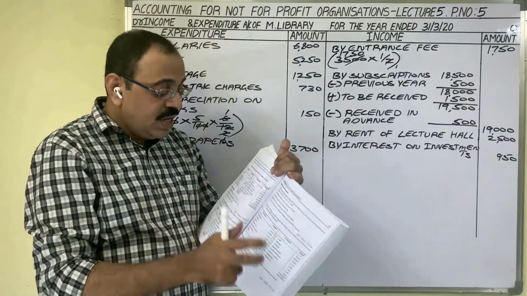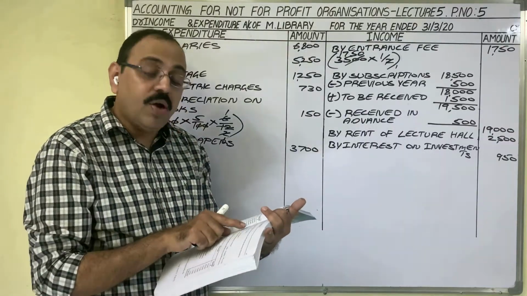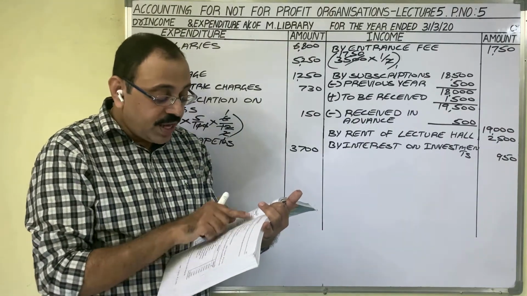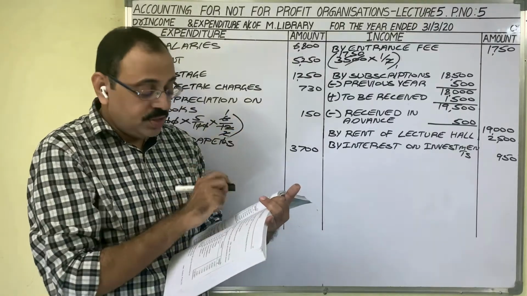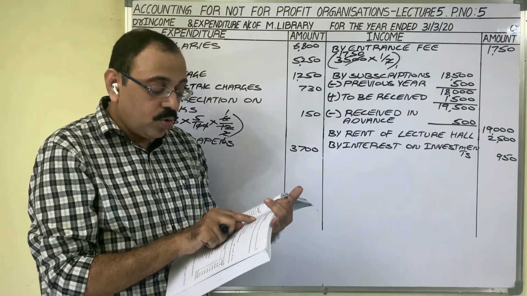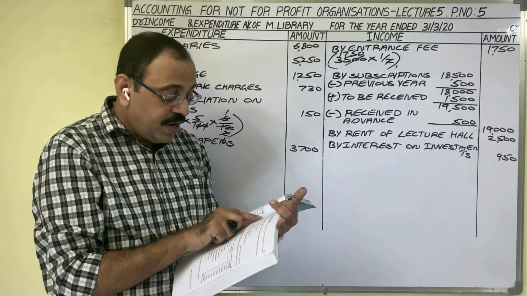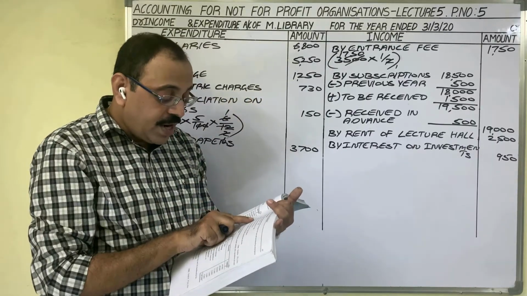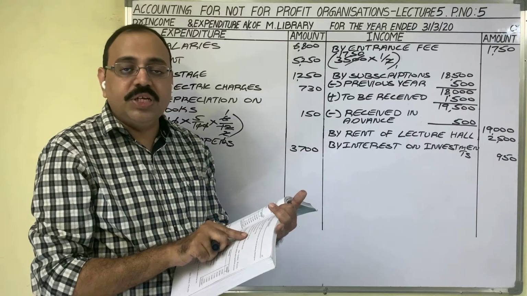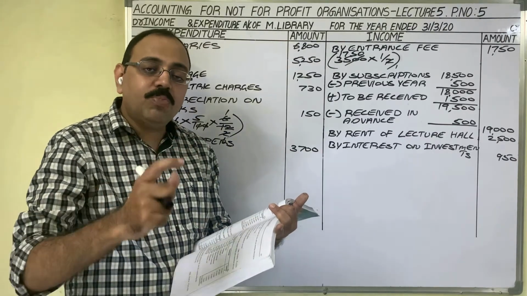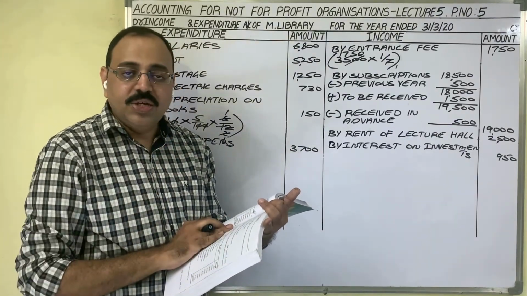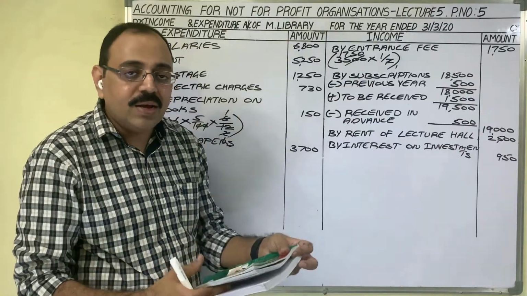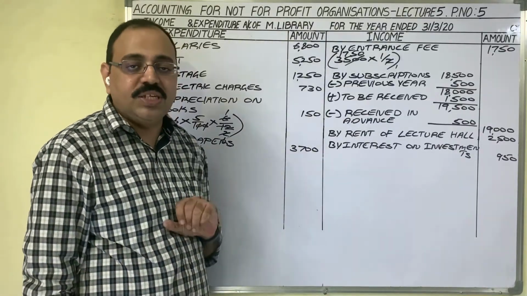Not only that, even adjustments also we have to observe, whether we have taken all the points here or not. So subscription related 2 points are completed. Entrance fees, a half is to be capitalized, that point we have taken, and on books we have calculated depreciation. So additional information points also we have considered. So finally we have to calculate the surplus or deficit.